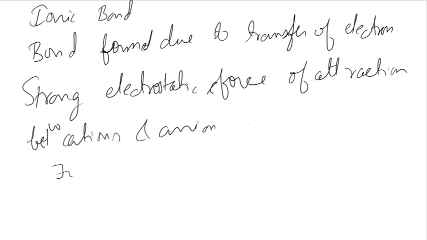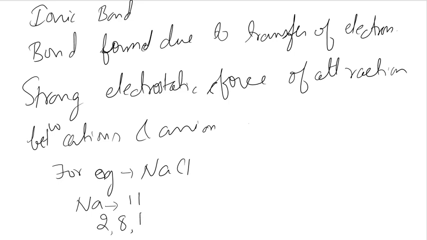Let me take one example of this ionic bond. We will take the example NaCl, sodium chloride. The atomic number of sodium is 11, so we write the configuration 2, 8 and 1. There is one electron in the outermost shell.